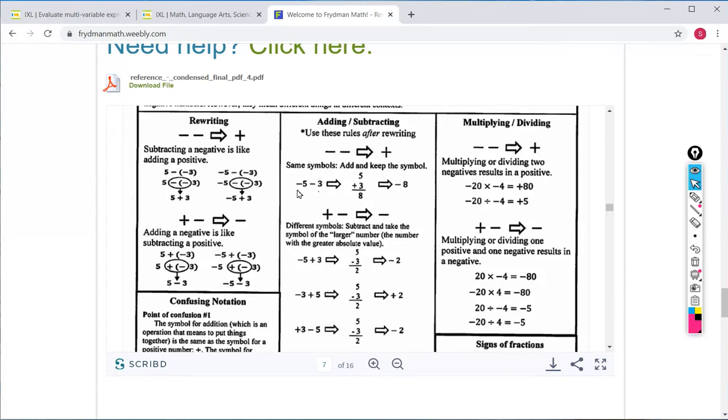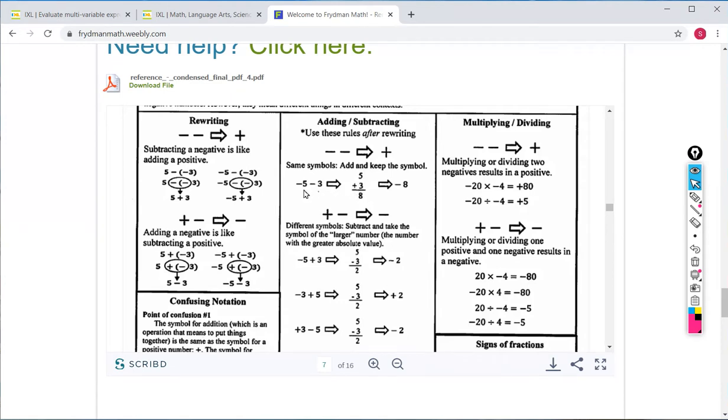Here you see that I have the same symbol, even though this is technically a negative over here, and this is a subtraction over here. It's the same symbol being used; both of them we represent with dashes. So the rule is, if you see the same symbol, add the absolute values.